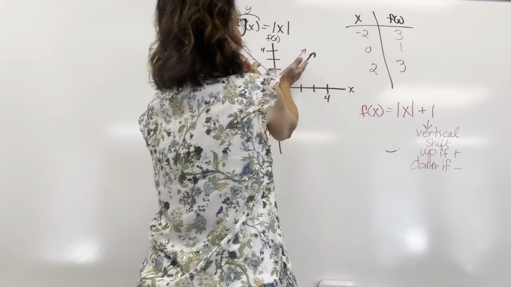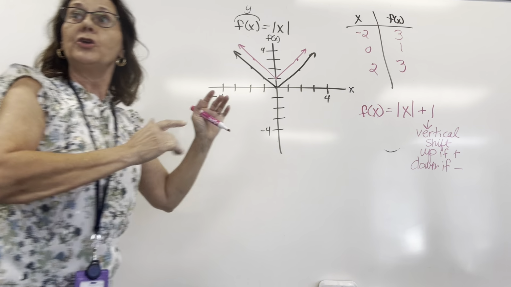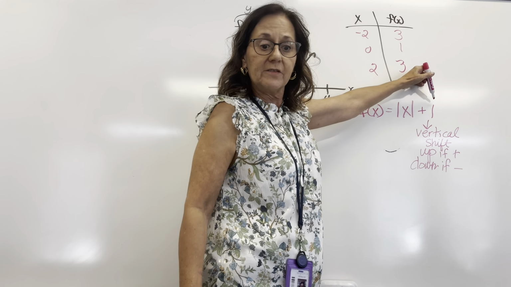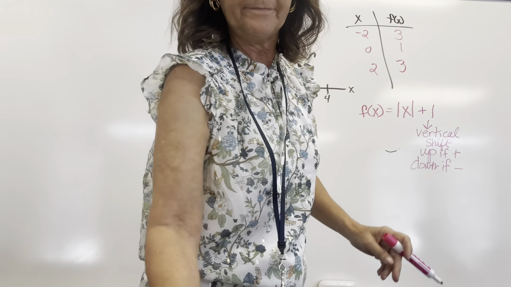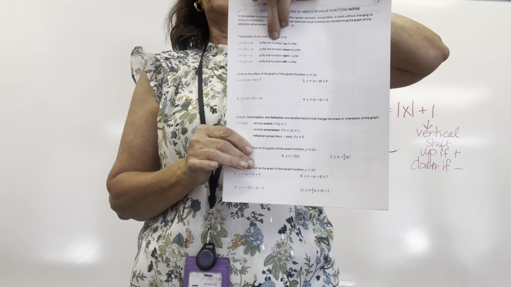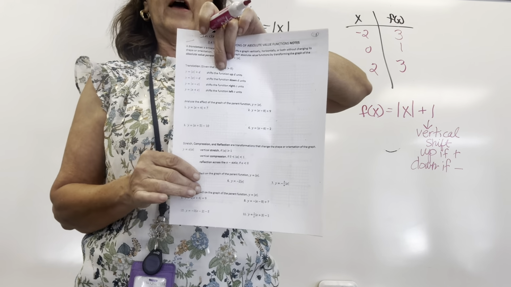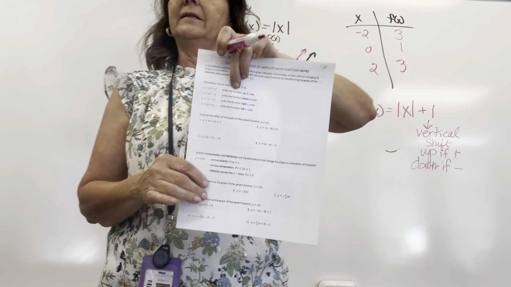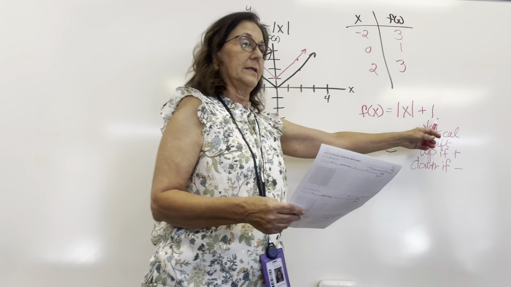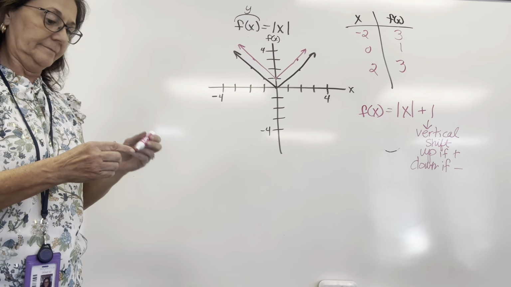It took this parent form and shifted it up 1 unit. So outside here shifts up 1 unit. That's your first and your second transformation on this sheet. Do you see it? Absolute value of x plus d, absolute value of x minus d. Those are shifts up or down by this many units. Does everybody see that?